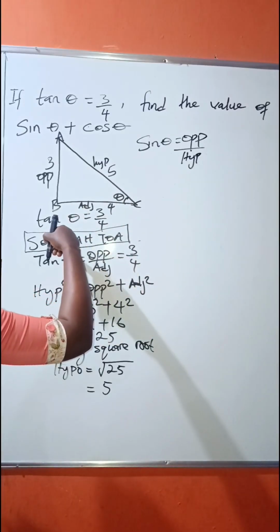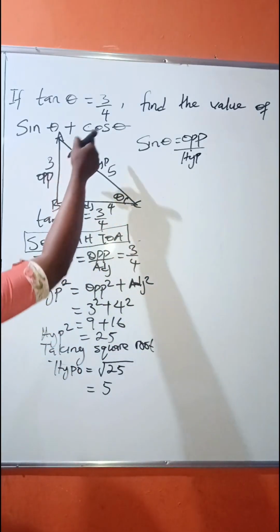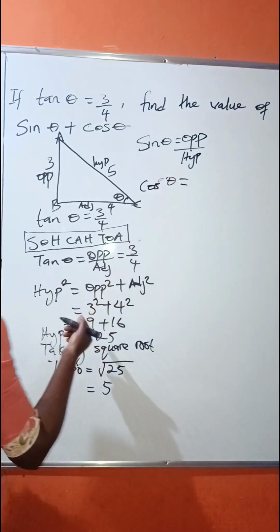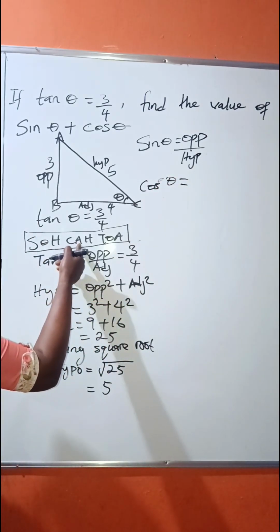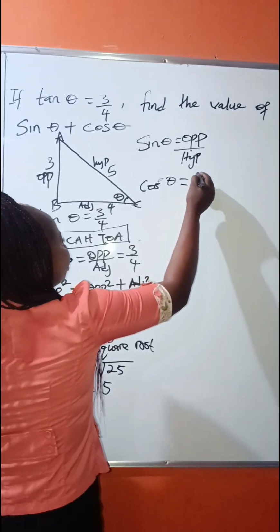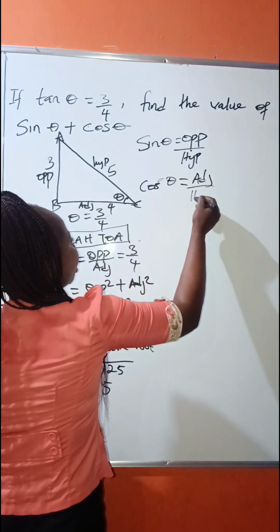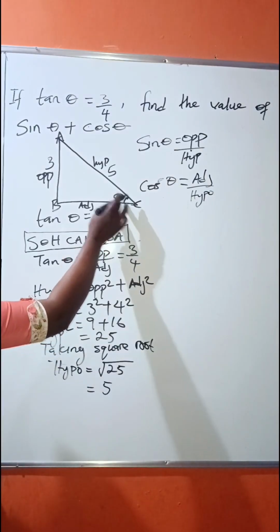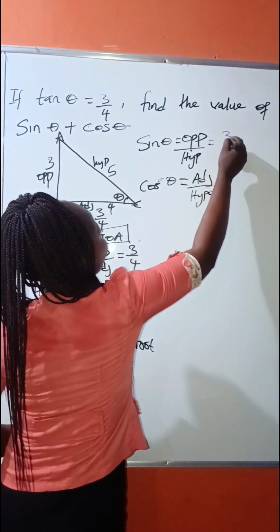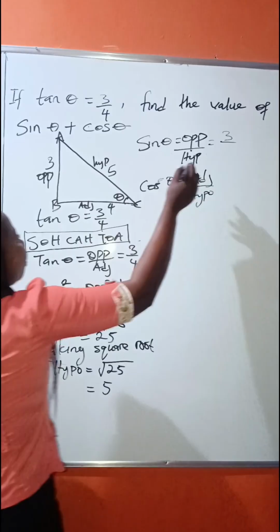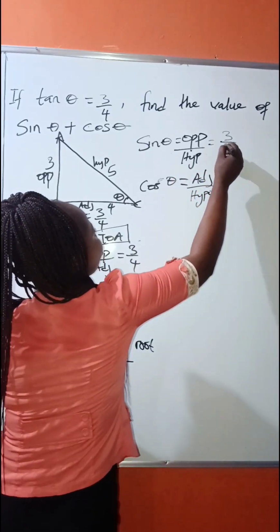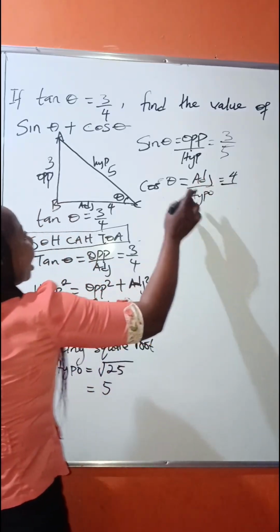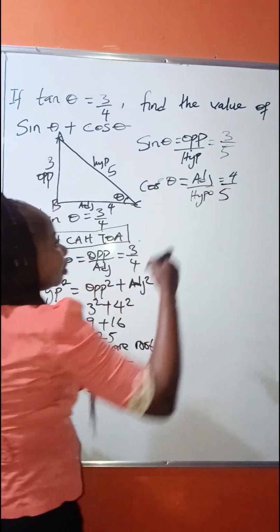And then for the second one, cos theta equals adjacent over hypotenuse. So what is opposite? Opposite here is 3. Let's substitute: 3 over hypotenuse, which is 5. And then this adjacent, which is 4, over hypotenuse, which is 5.